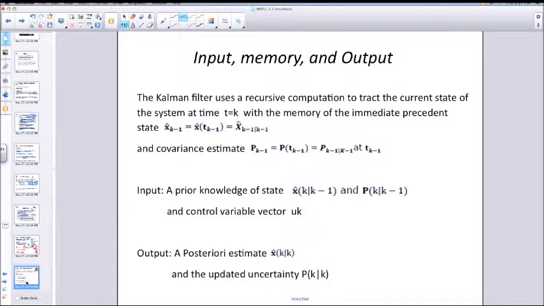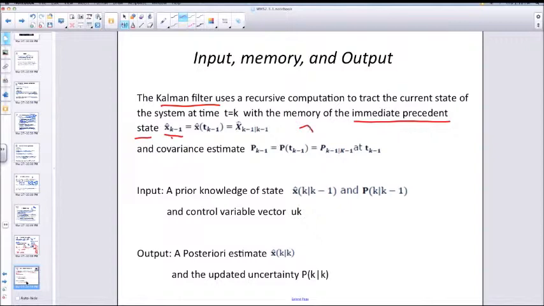And then we need to look at the input, memory, and the output. And this calculation only has one step memory. That means the computer program only remembers the immediate present state. That state is the observation of the last calculation, which is the state variable.